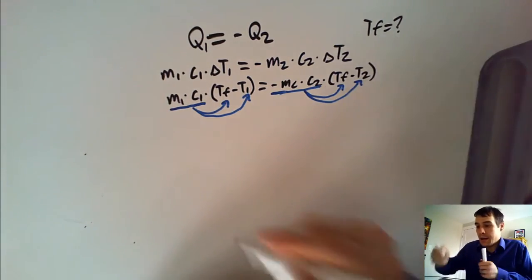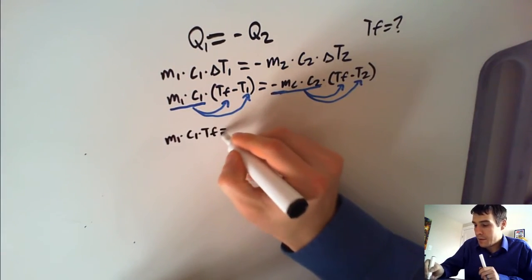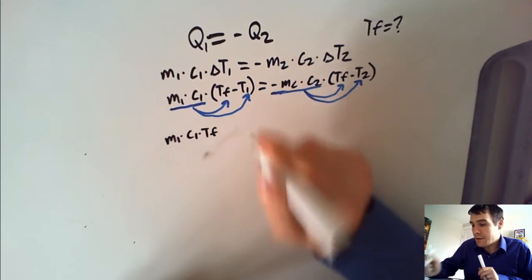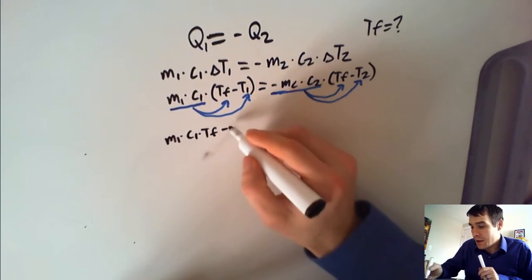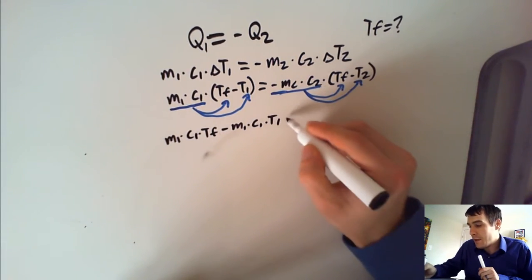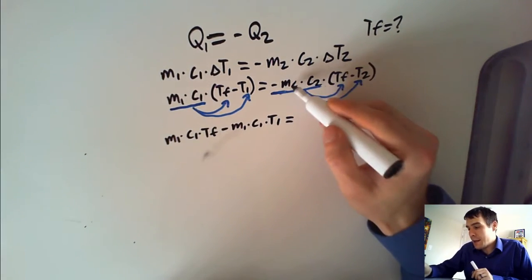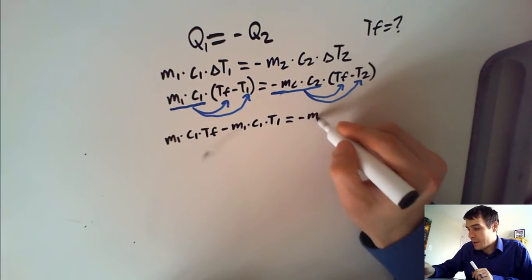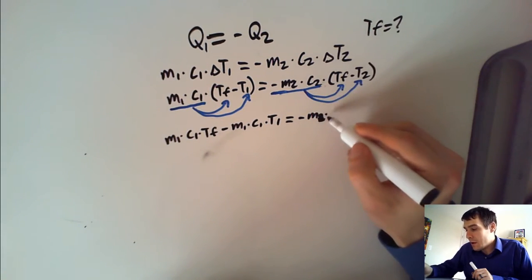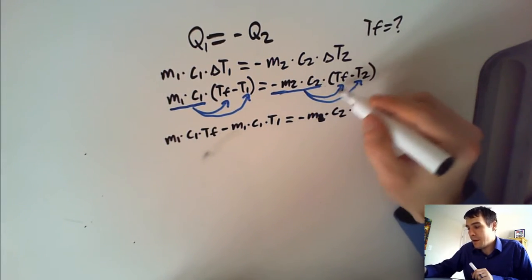And so let's do that. m1 c1 Tf is equal to, not equal to, whoops, m1 c1 Tf minus m1 times c1 times T1, that's equal to, now the minus stays with it, so minus m2 times c2 times Tf.